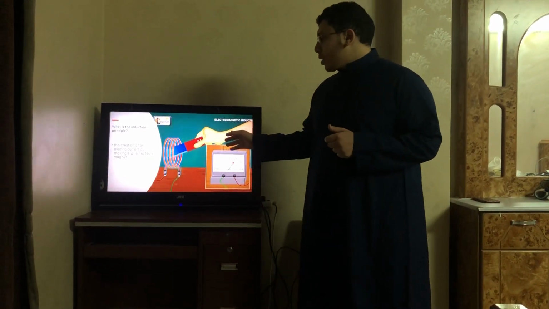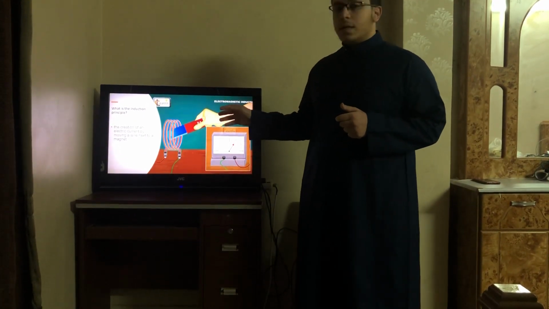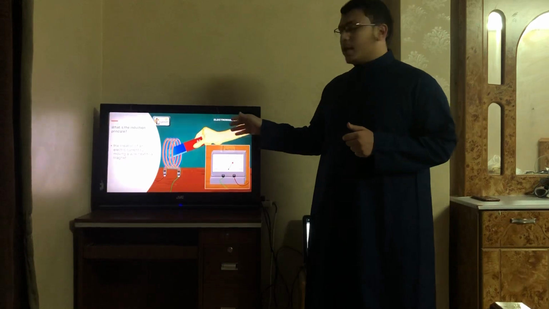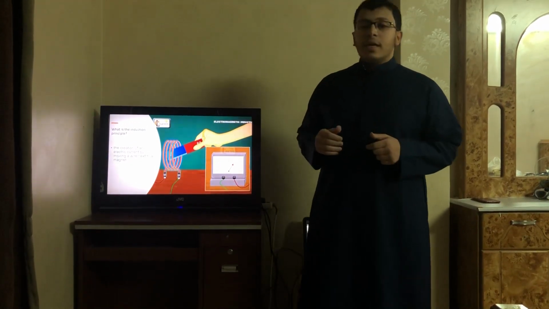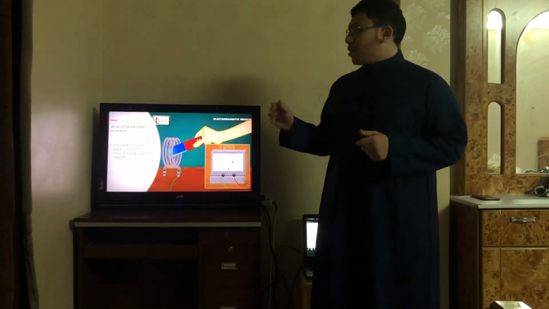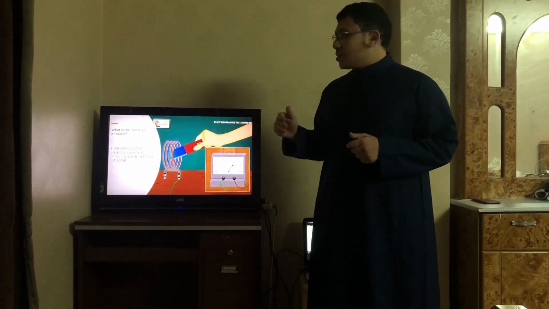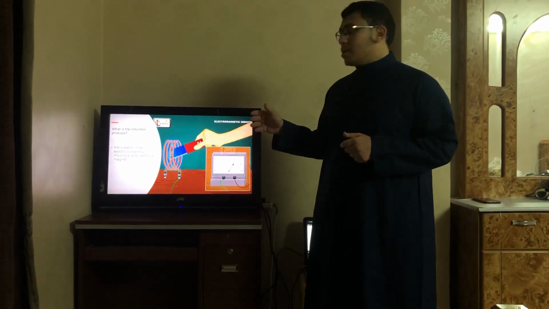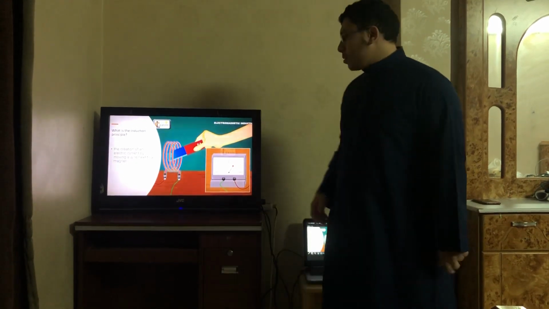In the picture here, we can see the man producing electricity by moving a magnet next to a wire. This idea is the most important idea in electric generators, because the electric generator uses the magnetic field in order to produce an electrical current.